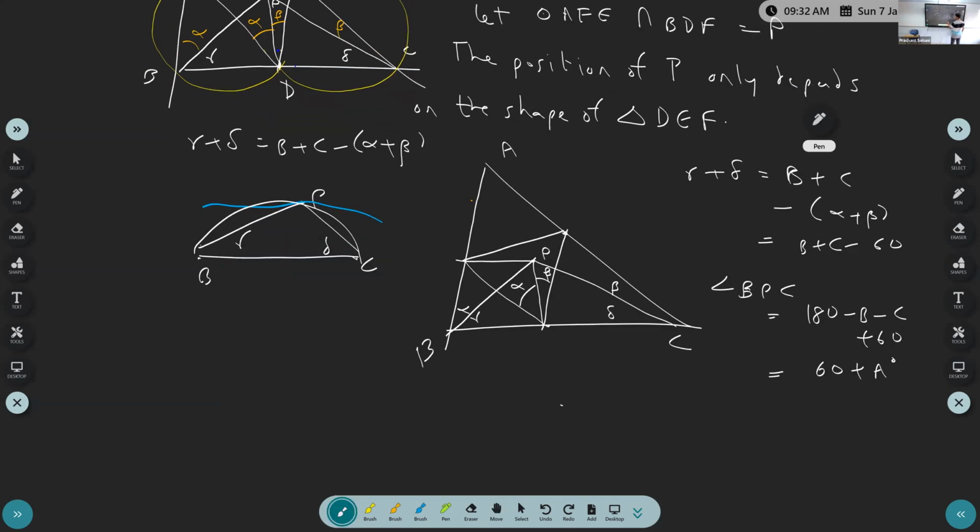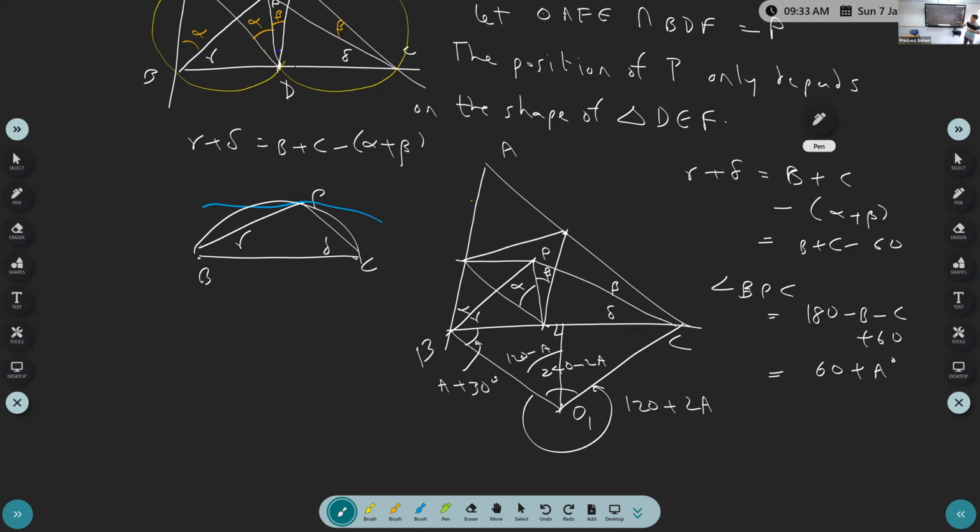So where the center of this circle will be: BPC is 60 plus A, so this angle is 120 plus 2A. This angle is 360 minus this, so that is 240 minus 2A. So each side will be 120 minus A. So this will be 90 minus this, so A plus 30.